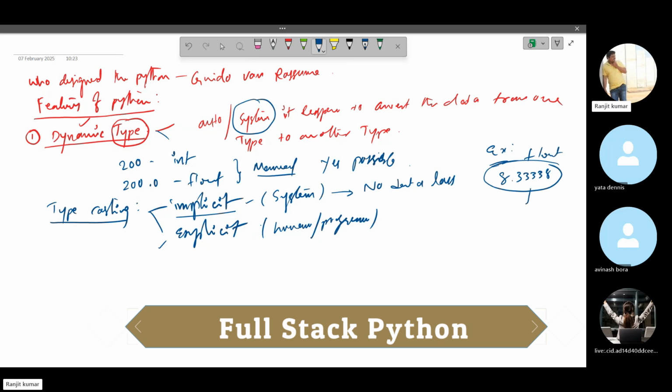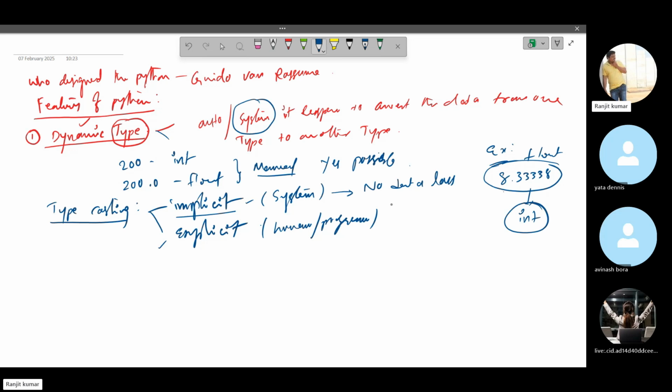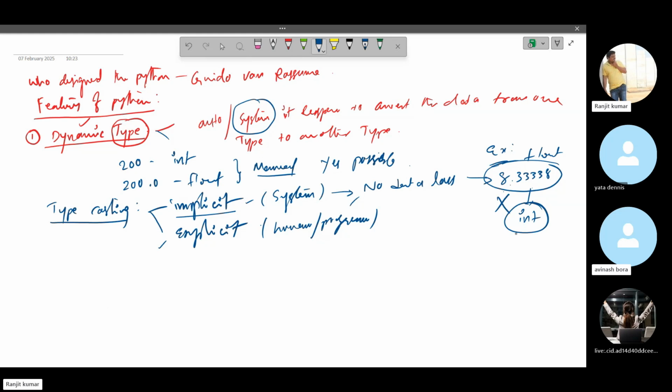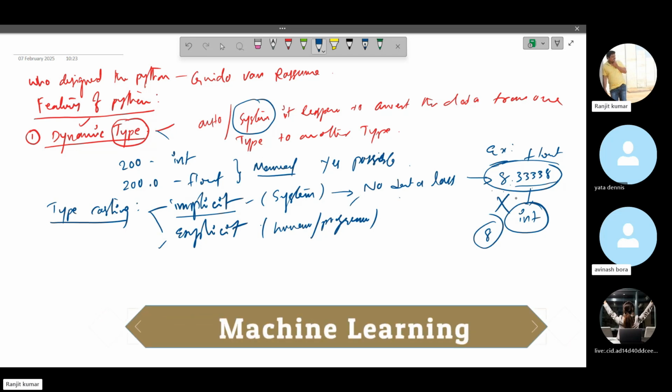I want to convert this floating value into an integer. The system never allows this. Why? Because if I convert it into an integer, it loses data. It will become 8. That means I lost the point values. That's why the system never allows this type of conversion.